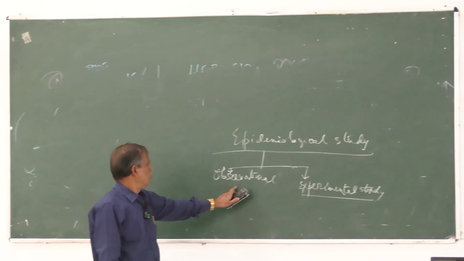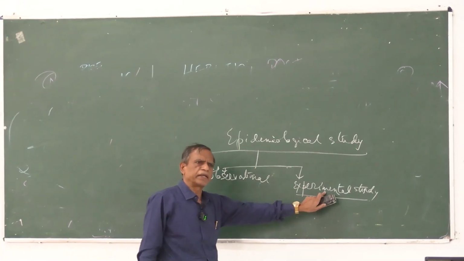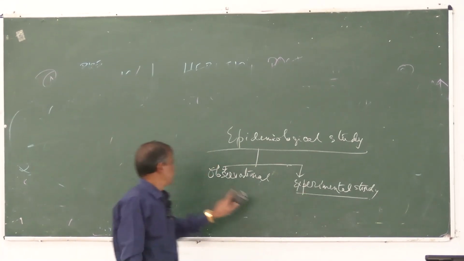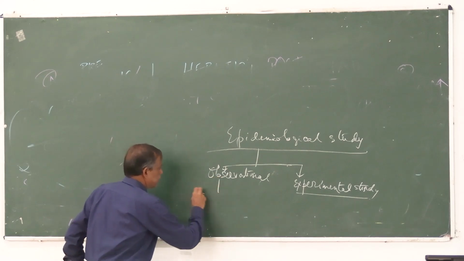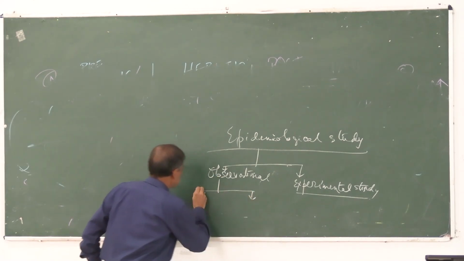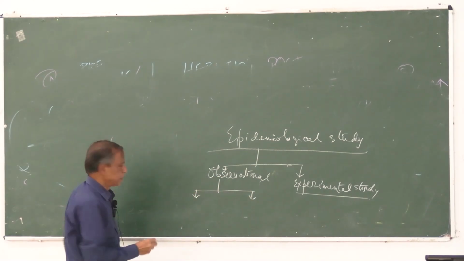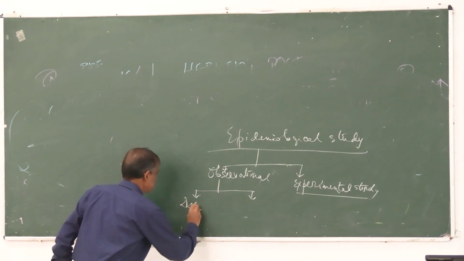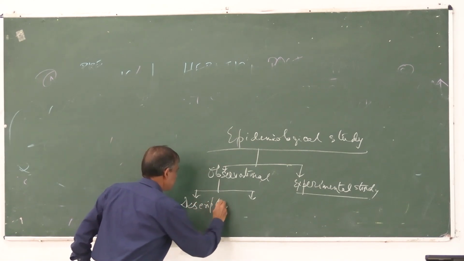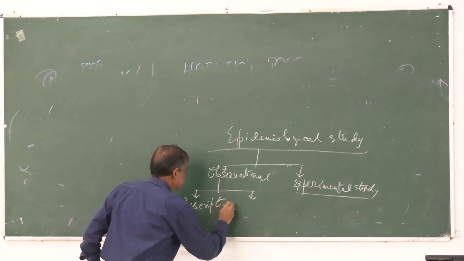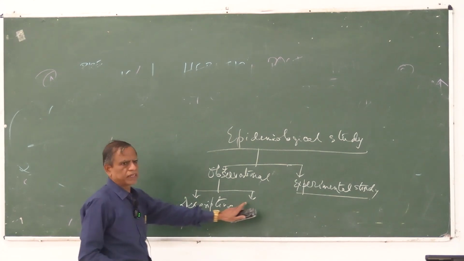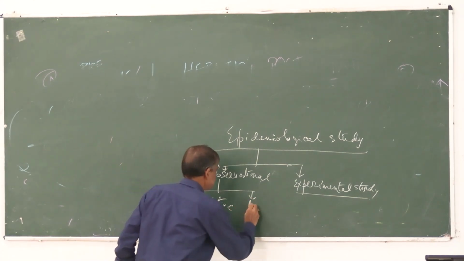Observational studies are divided into two groups: one is descriptive study, and another is analytical study.